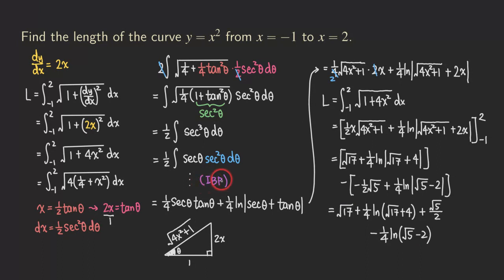But now you can actually watch the other video for the details if you want that again, right? I actually also show it in this video. And then we got the result. And after we get all this result right here, we can go back to the original variable. And then from there, we use the fundamental theorem of calculus to plug in our limits of integration. And then we get the final answer. Okay, so that's it for this problem.